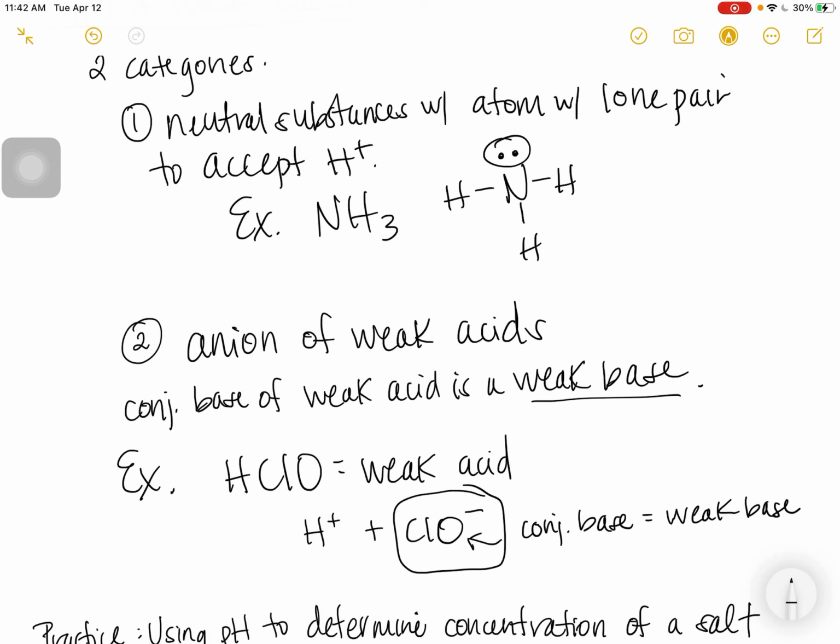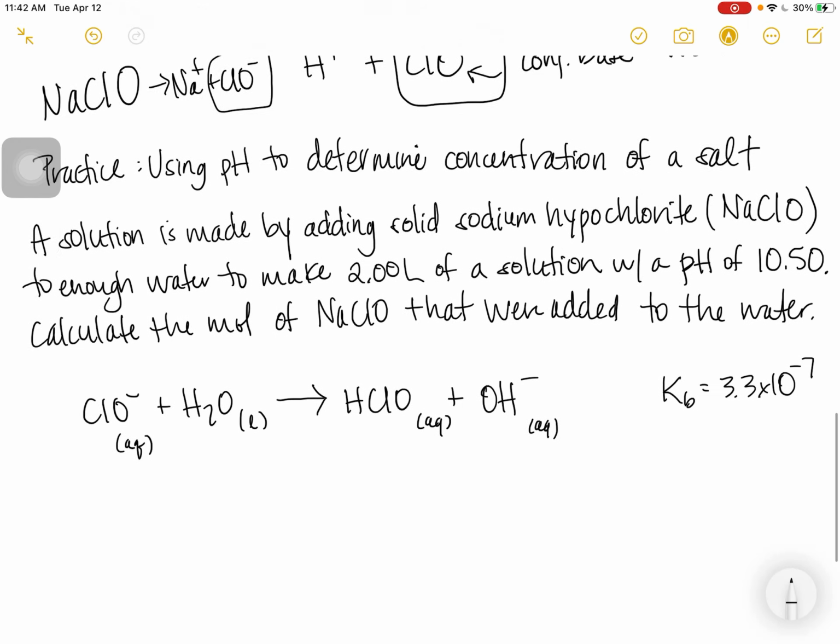I should probably stop saying conjugate base because, for example, if we had this instead, which I think comes up in a minute, that's an ionic substance, but if it were to ionize, you would get Na plus and ClO minus. Well, ClO minus is the anion of a weak acid, and so that ion would be behaving as a weak base. So those are your two categories.